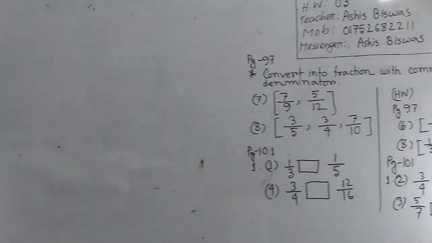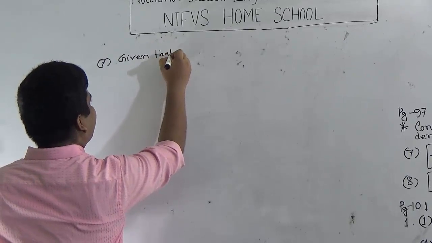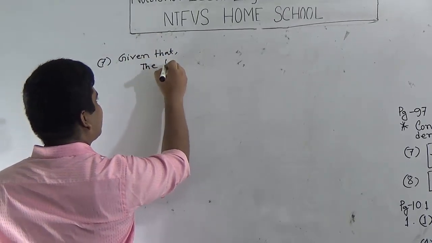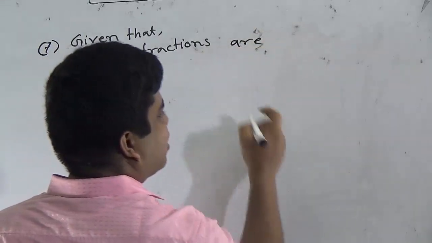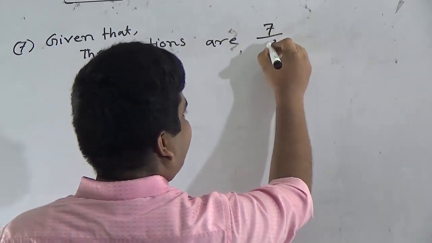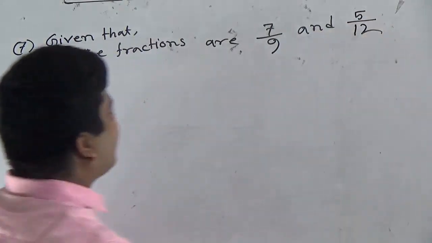Here number 7, first of all you write given that the two fractions are 7/9 and 5/12. Okay.